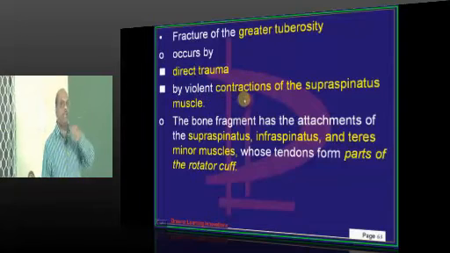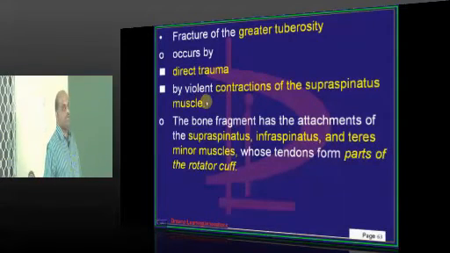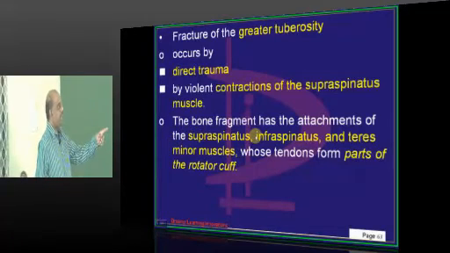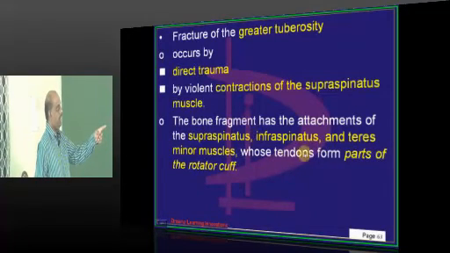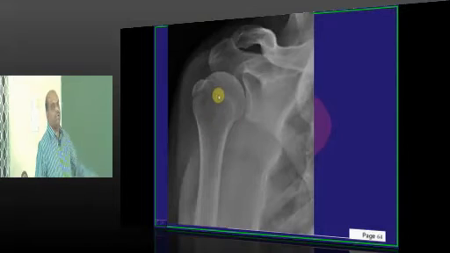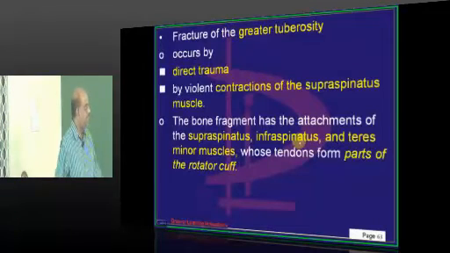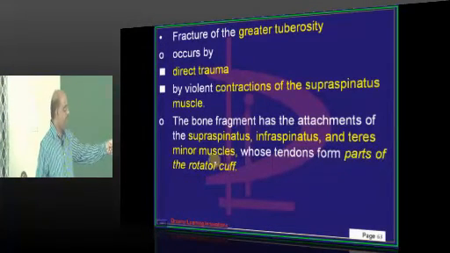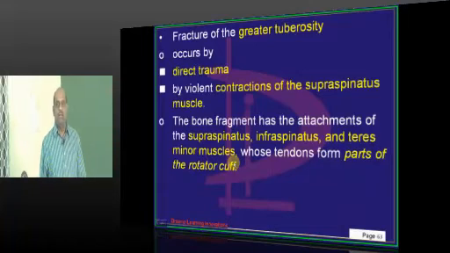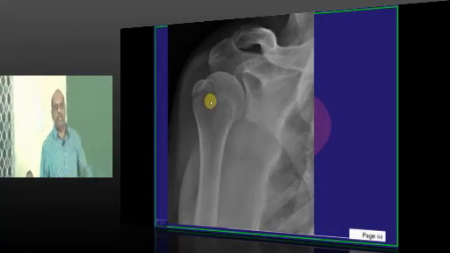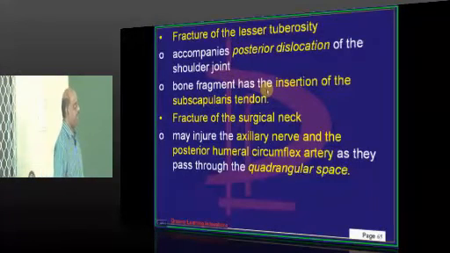Any sudden contraction of the supraspinatus muscle can cause an avulsion of the greater tubercle, and greater tubercle fracture is bothersome. Why? All the rotator cuff muscles, supraspinatus, infraspinatus and teres minor, their tendons are part of the rotator cuff and they take their insertion from the greater tubercle. That's the reason we are very much bothered.